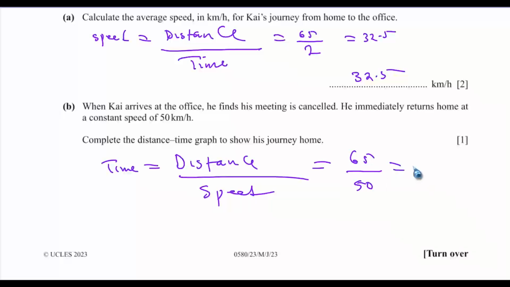This will give 1.3 hours. So we need to convert it to hours and minutes. So that means we have 1 hour plus 0.3 times 60, so that will convert this to minutes. So that will be 1 hour plus, this will give us 18 minutes.